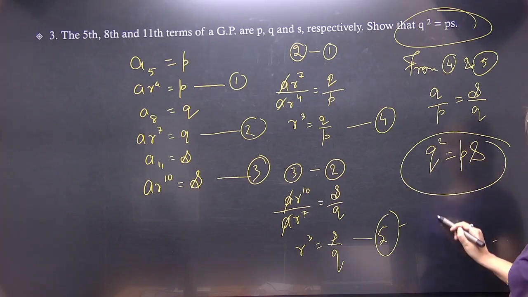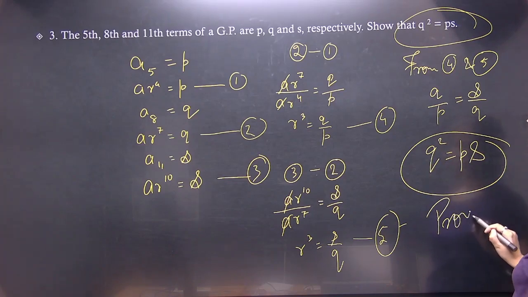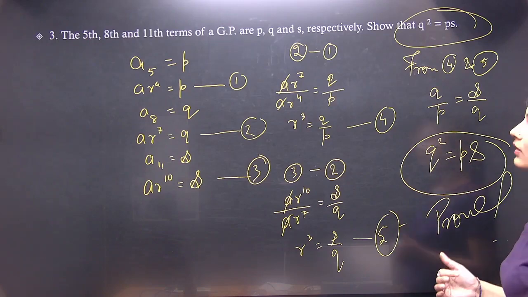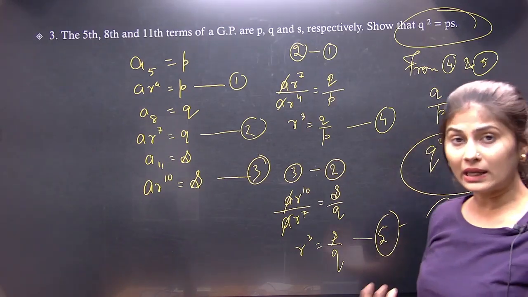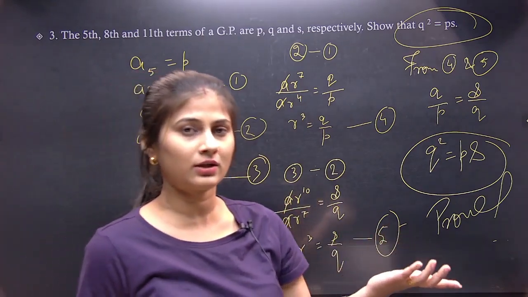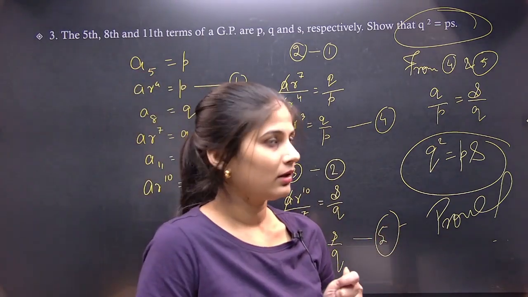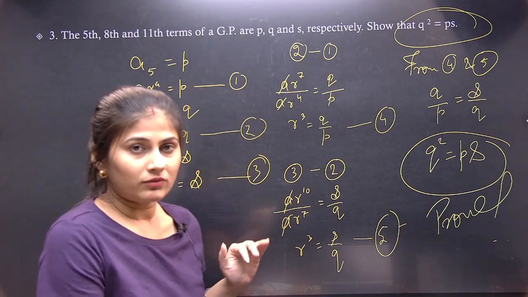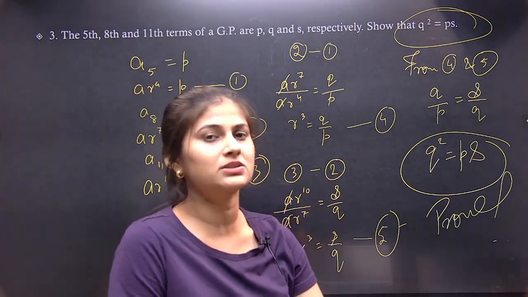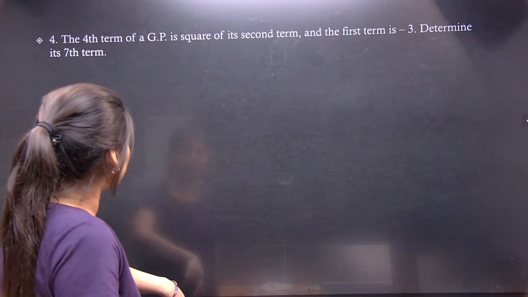This is the thing that we need to prove. Got it? Clear? So very easy it is. In AP, we used to solve two equations in A and D, and in GP, we will divide the equations. This is the basic difference while solving questions based on GP.